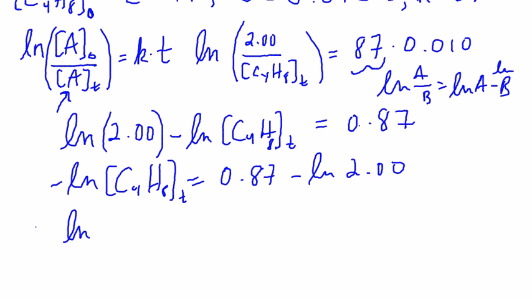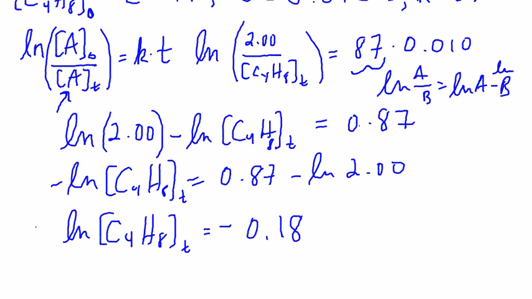So the natural log of C4H8 at time t is equal to minus 0.87 plus the natural log of 2, which, when you put that into your calculator, is equal to about minus 0.18.